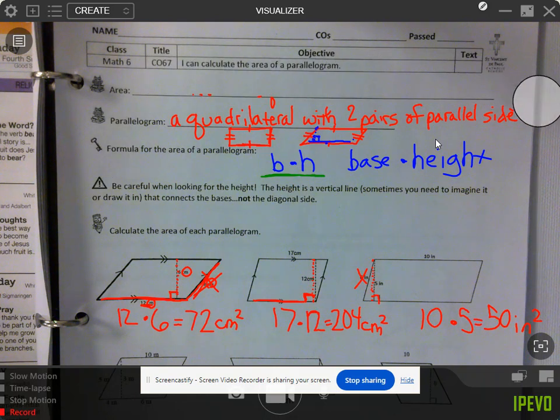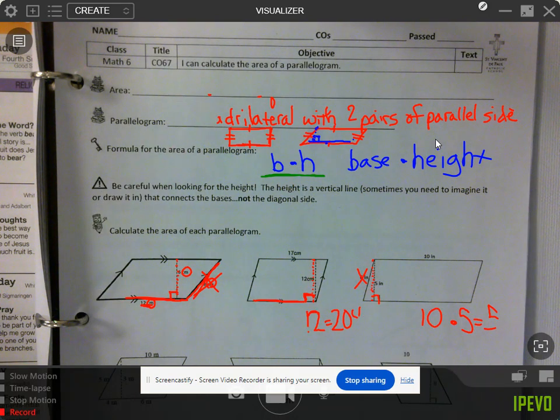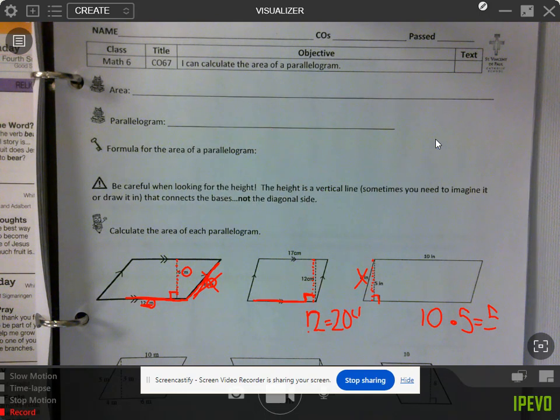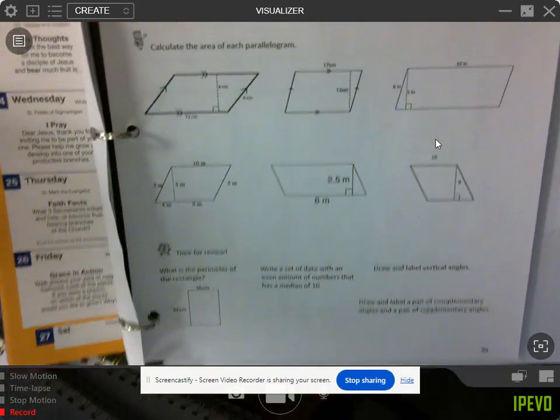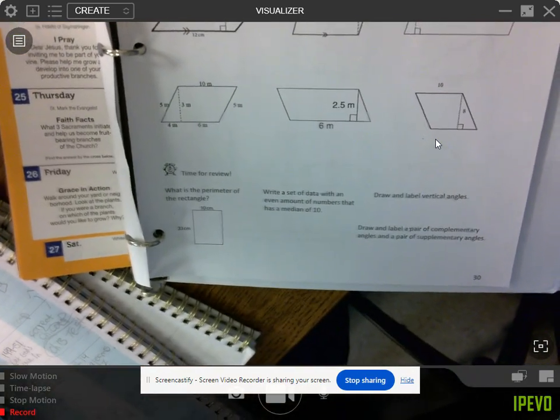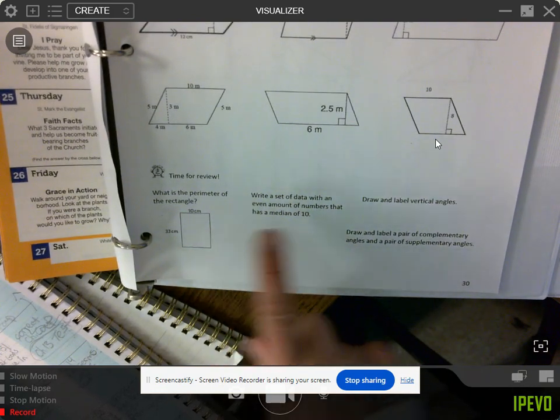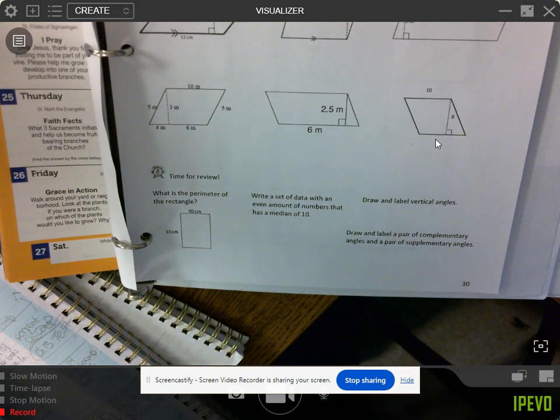Let me erase so we can look up on what our work is for today. We have some more parallelograms to find our area, and then you have your review on the bottom.